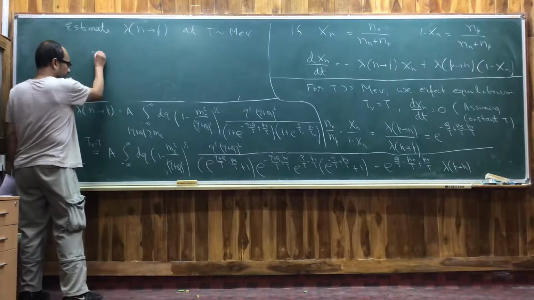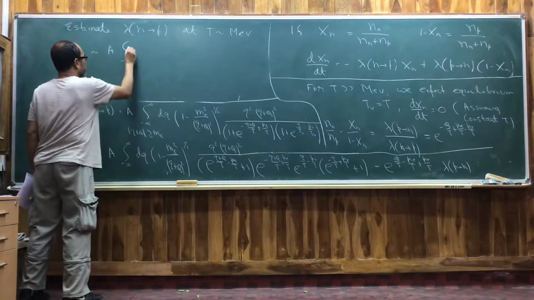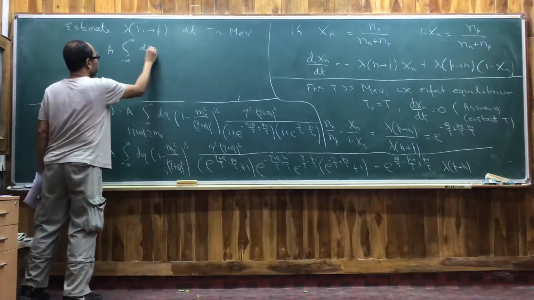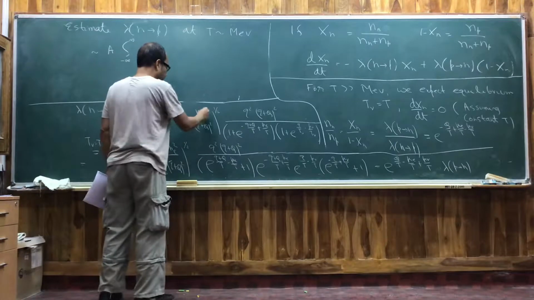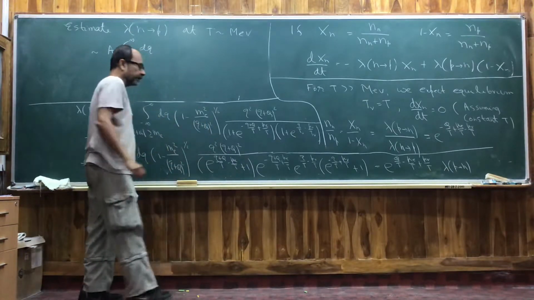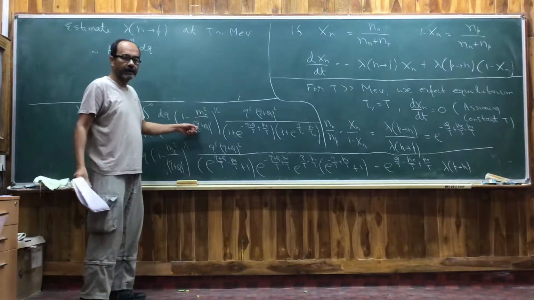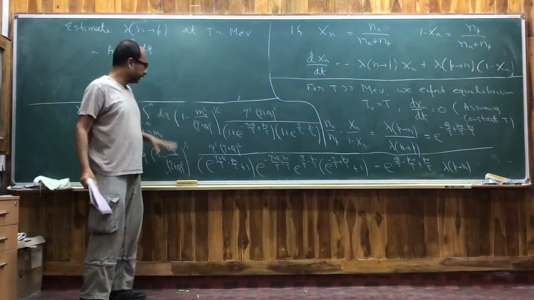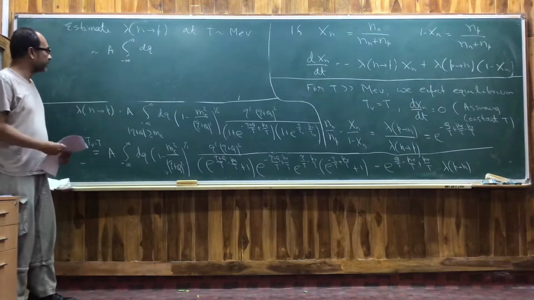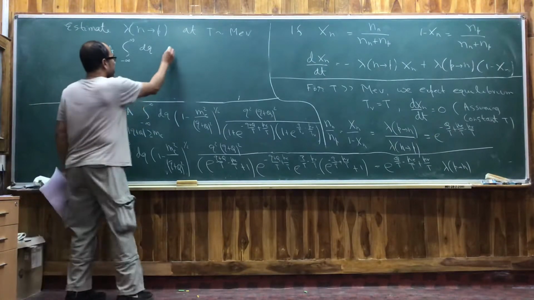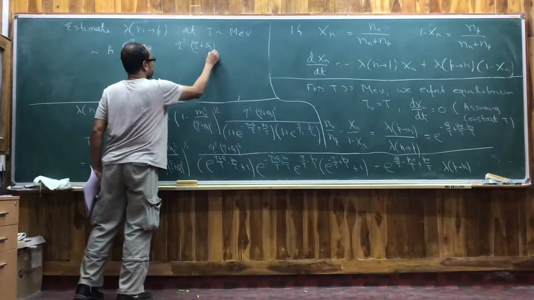So this becomes roughly A times the integral from minus infinity to infinity dq, and we'll also ignore this me over q plus Q factor because this is again of order 1. Just drop this and do the full integral from minus infinity to infinity. Again, as an order of magnitude estimate it doesn't matter. So you get q squared, q plus Q squared.